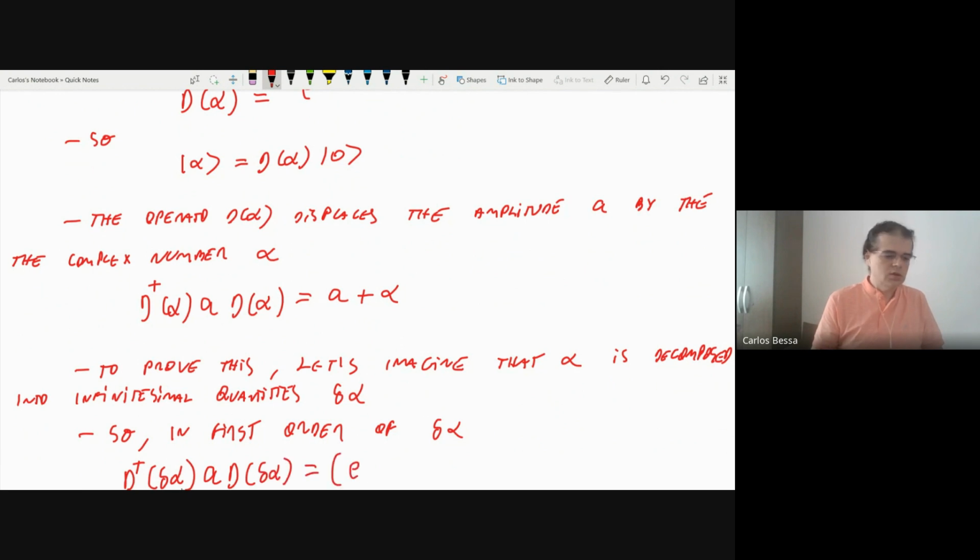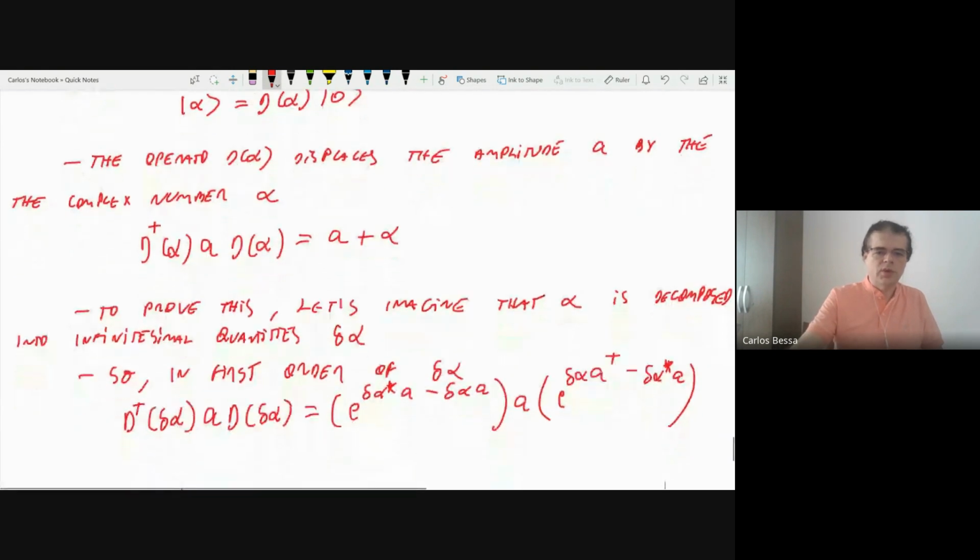This is just exponential of delta alpha conjugate a minus delta alpha a dagger, applied to a, exponential of delta alpha a dagger minus delta alpha conjugate a.